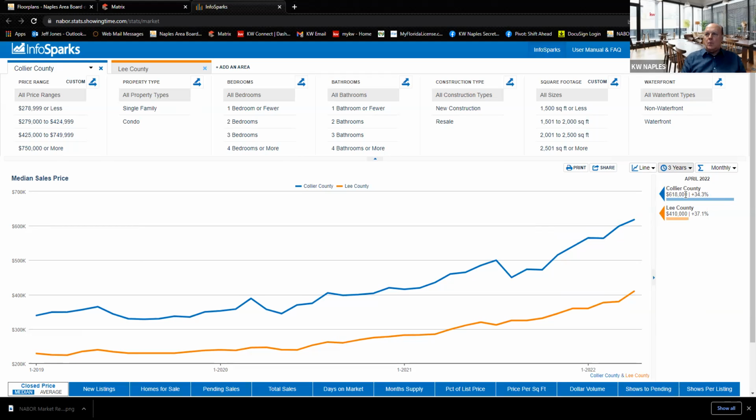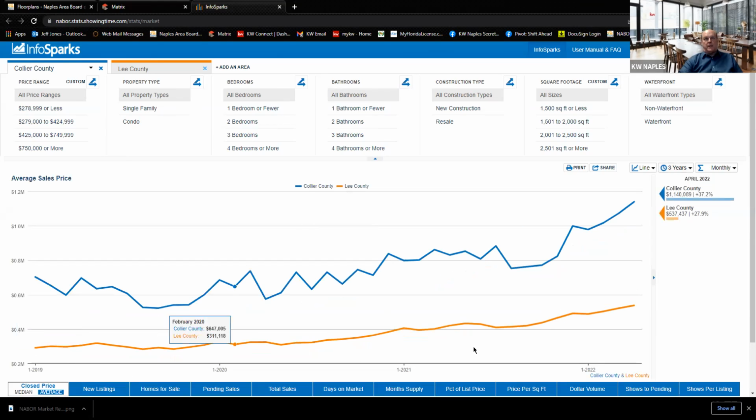And one comment I have, we've always looked at the median close price. The reason that we've used median close price for most of our stats is because the median is obviously the middle. So the median tends to move a little less than the average, which tends to fluctuate a lot more, because based on a very high sale, the average can be up over $1 million.